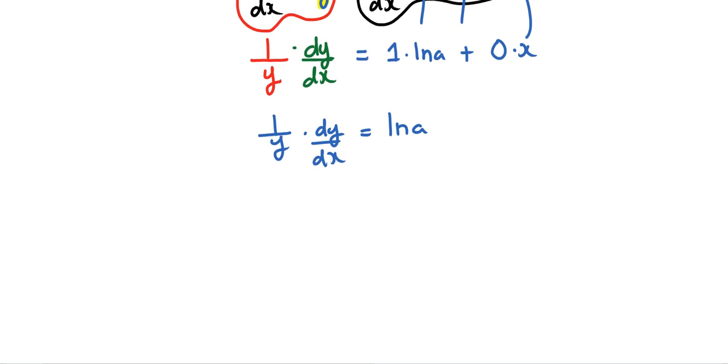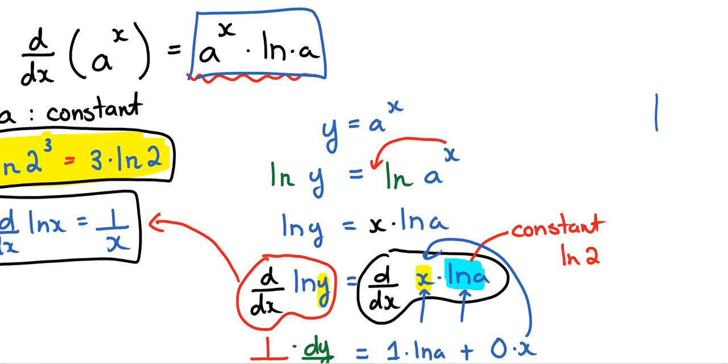Since we have this dy by dx, let's go ahead and isolate that. So dy by dx is going to equal y times ln a. And then ask yourself, what does y equal? Well, you need to go all the way back to the beginning of the problem, and you'll notice that y equals a to the x.